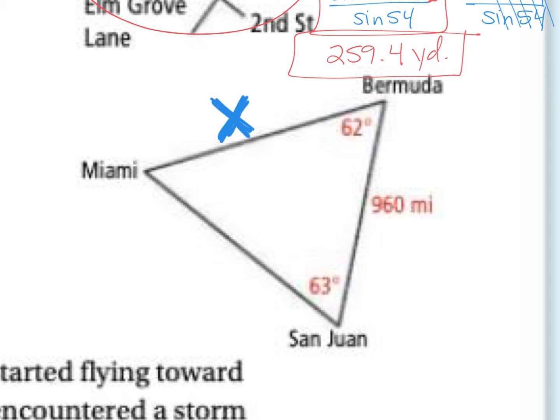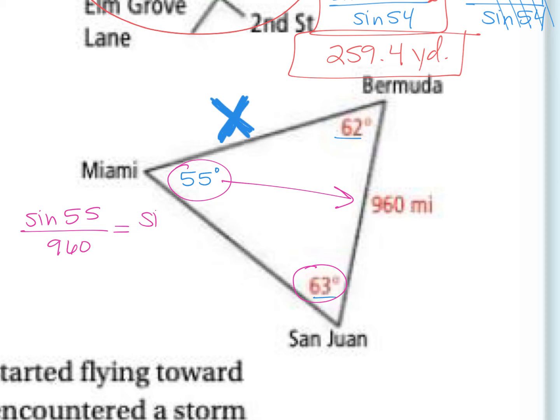Which one do we find? The angle, okay? 62, 63, and 55, yes, would add up to 180, okay? So now you can say the sine of 55 over 960, the side across from it, equals the sine of 63 over the side across from it, which is x.